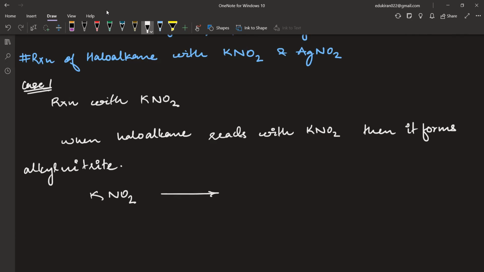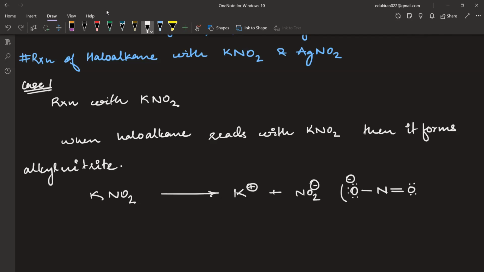First of all, KNO2 will break apart into K positive plus NO2 negative. In NO2 negative, the negative charge will be on the oxygen atom. The structure is oxygen, single bond to nitrogen, with a double bond to oxygen. This oxygen has 3 lone pairs, and due to that it will have a negative charge.